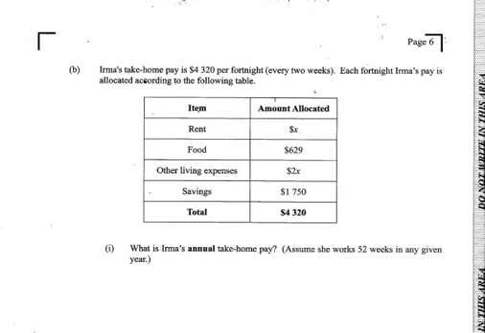Each fortnight, Irma's pay is allocated according to the following table, the item and the amount allocated. For rent, x dollars is allocated. Food is $629. Other living expenses is 2x, and savings is $1,750, every fortnight.